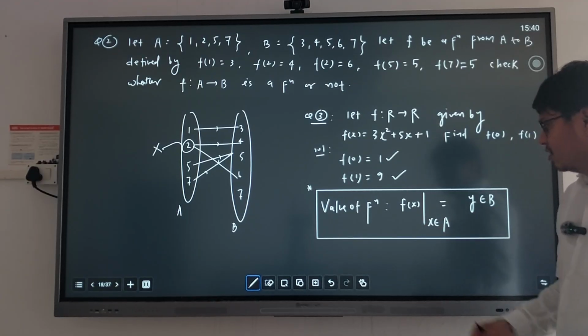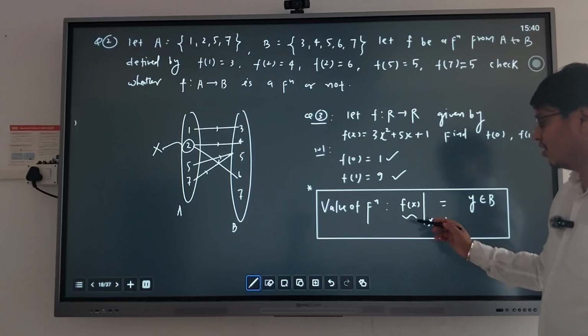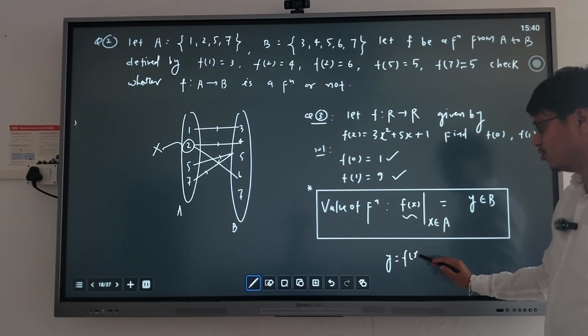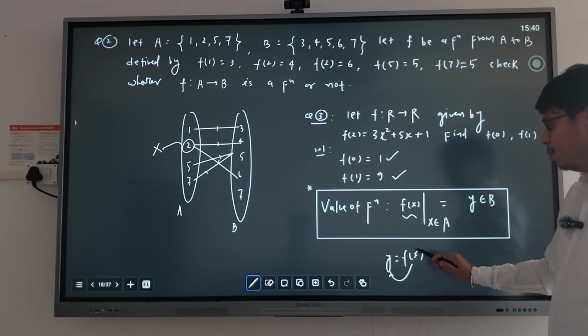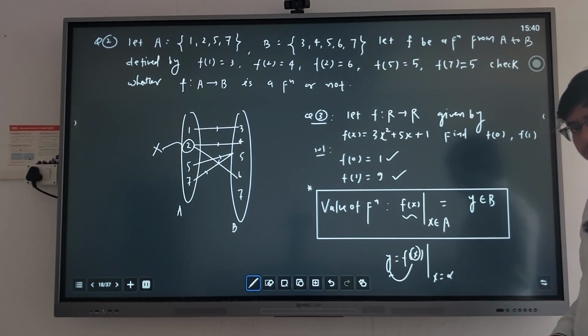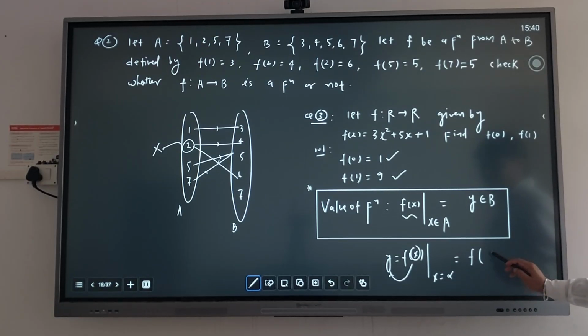Very small thing. Value of a function is defined as the value of f(x). If the function is written as y equal to f(x), then the value of f(x) or value of y, when we put a particular value of x like alpha, so at x equal to alpha, what is the value of the function? That will become f(alpha).